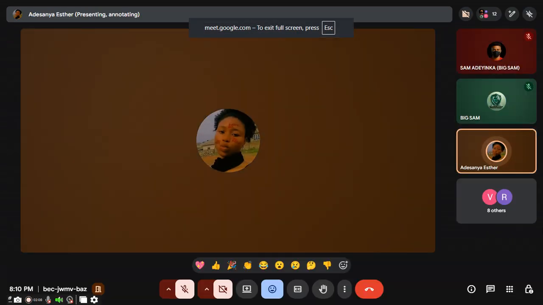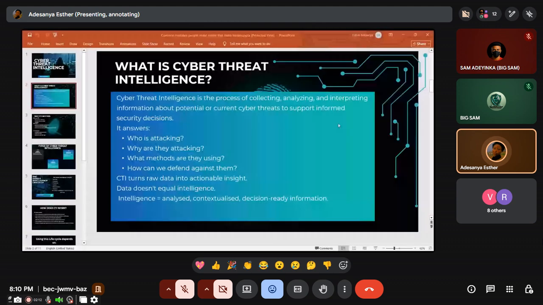Cyber threat intelligence is collecting, analyzing, and interpreting information about potential or current cyber threats to support informed security decisions. It helps you see the signs early, so an attack gets stopped before it happens, which also saves the time and costs that would have been invested in reacting to those attacks.